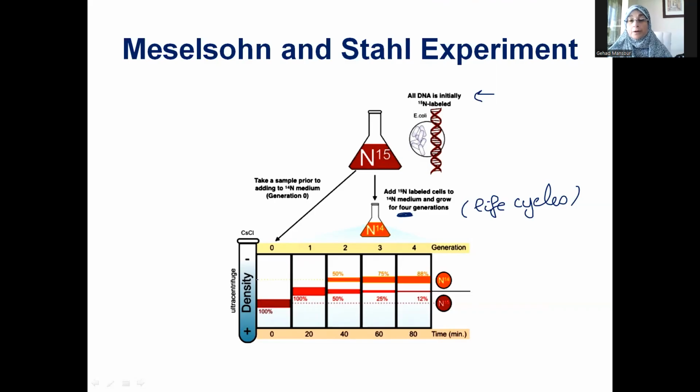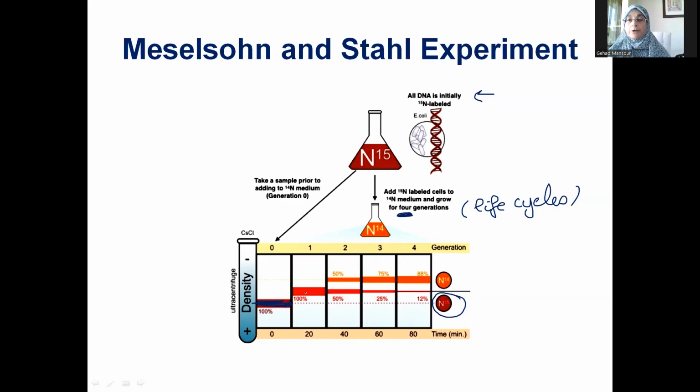And now, this is the density. Okay, we start with 100% density, meaning that 100% is nitrogen 15. So what we are doing is to see how much percent will be nitrogen 15. Okay, so here this is the beginning, okay?